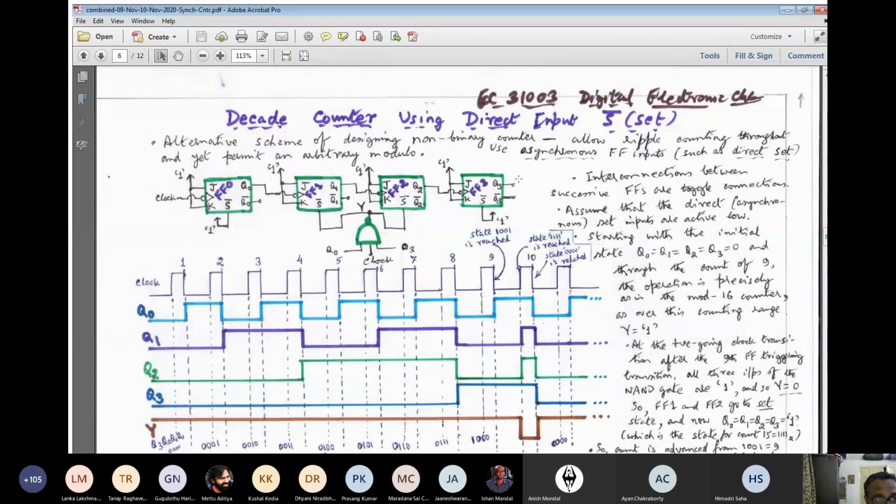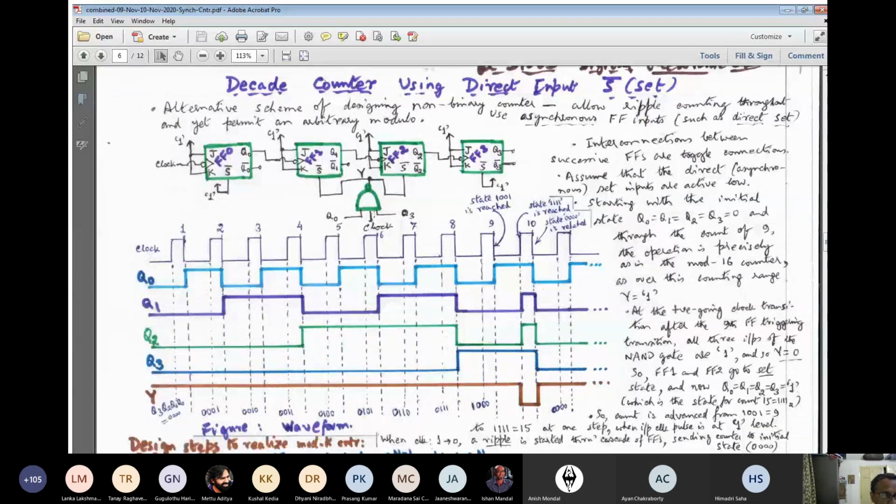Straightforwardly, you draw the circuit for the ripple counter that gives a modulo 2 to the power n counter. Suppose you have to draw a modulo k counter where k is less than 2 to the power n. You can easily design it by using asynchronous set and asynchronous reset inputs. Here you are choosing to do it using the asynchronous set input.